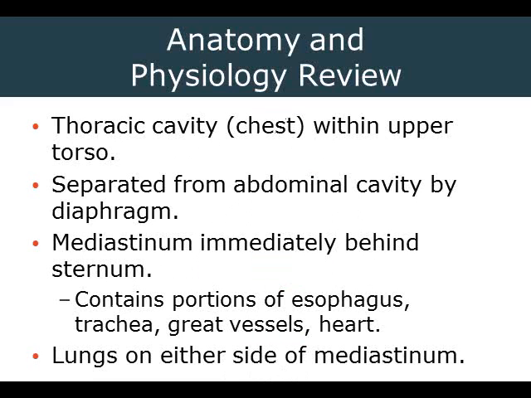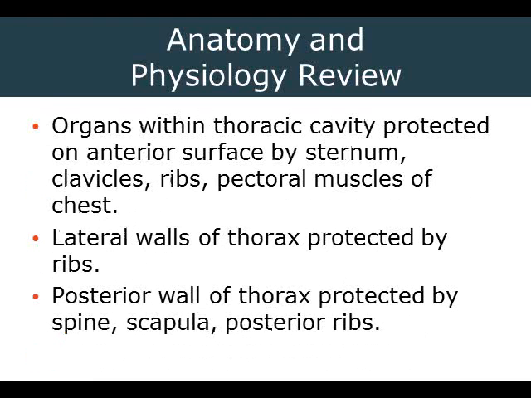The mediastinum is the space sandwiched between the sternum and the spine and between both lungs. It contains the esophagus, trachea, greater vessels, and the heart. The organs within the thoracic cavity have a significant number of bony structures that help protect them, but if those bony structures are damaged, they run the risk of causing damage to the soft tissues underneath them.